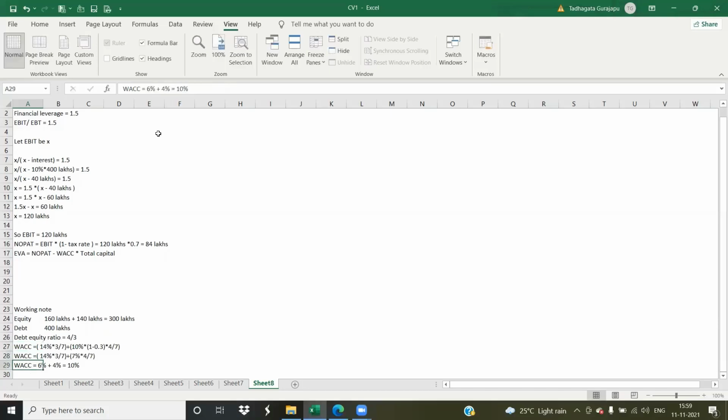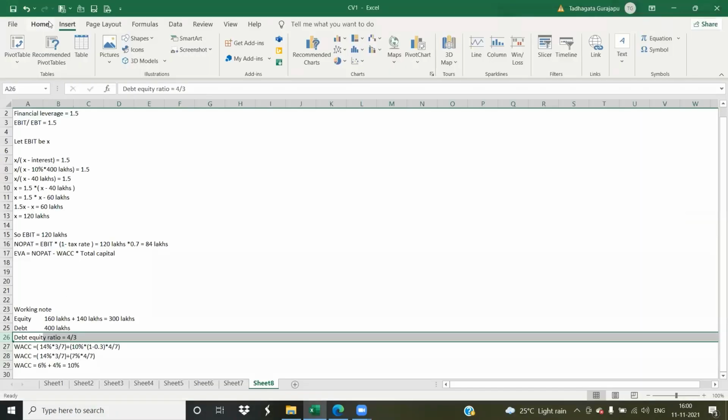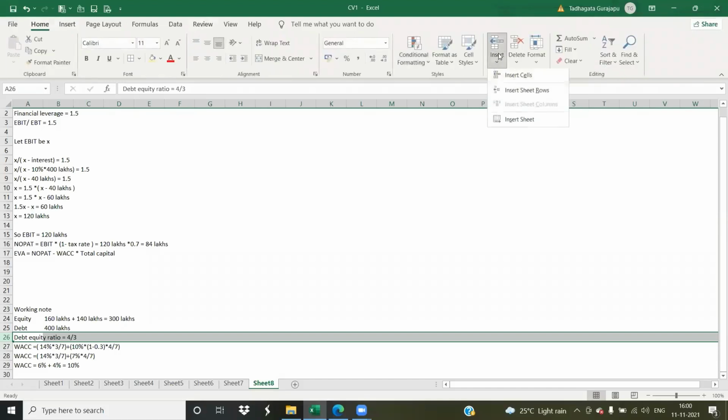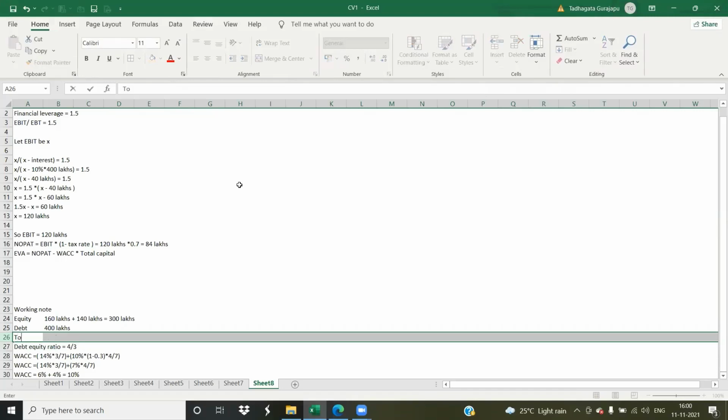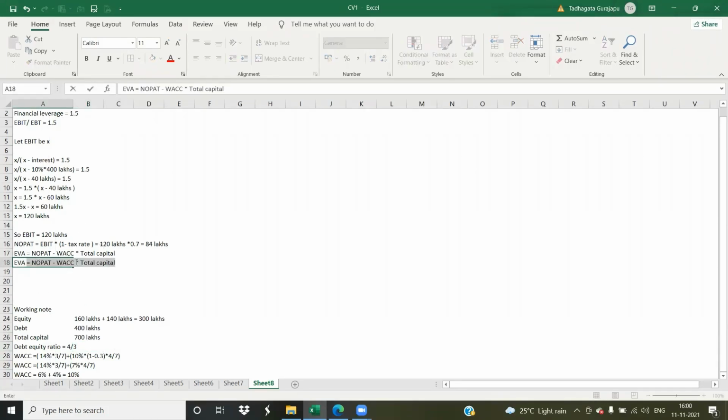So WACC is 10%. What is total capital? Total capital is nothing but 700 lakhs. So EVA is equal to, what is NOPAT here?